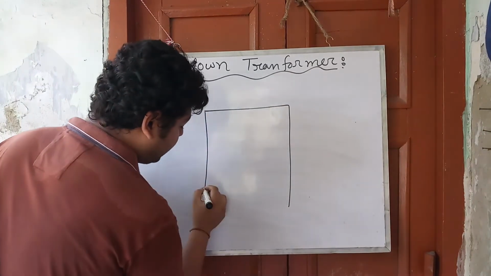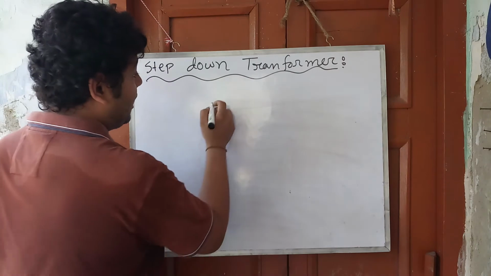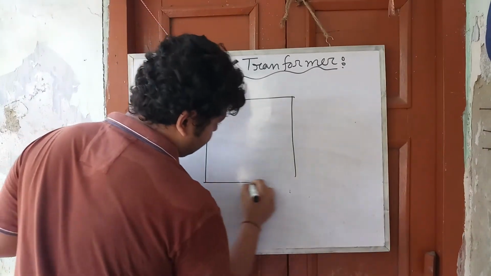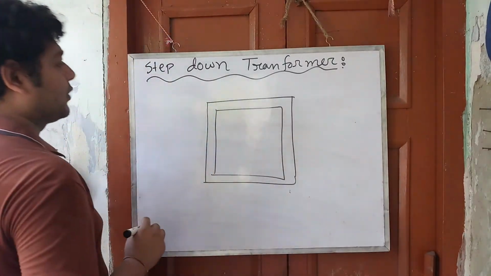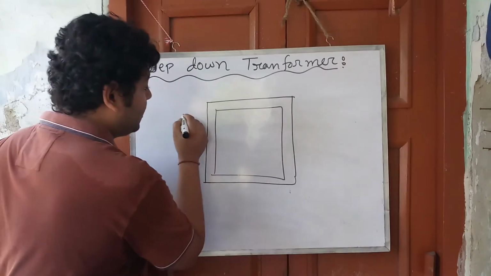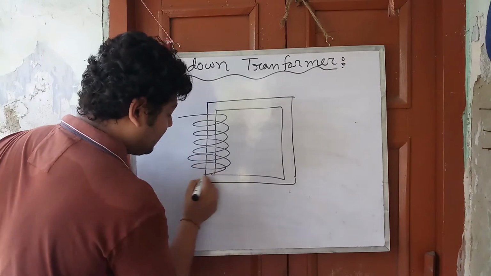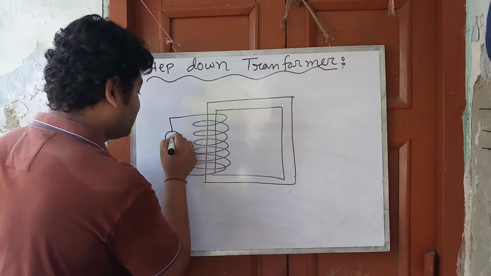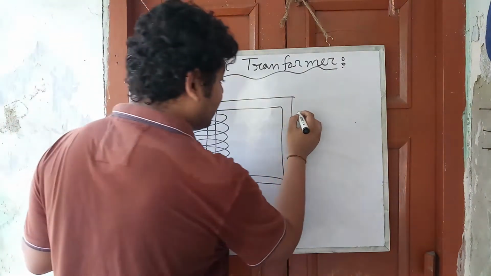I'm drawing the figure for a step-down transformer. In a step-down transformer, the number of turns for the primary coil will be greater than for the secondary coil.